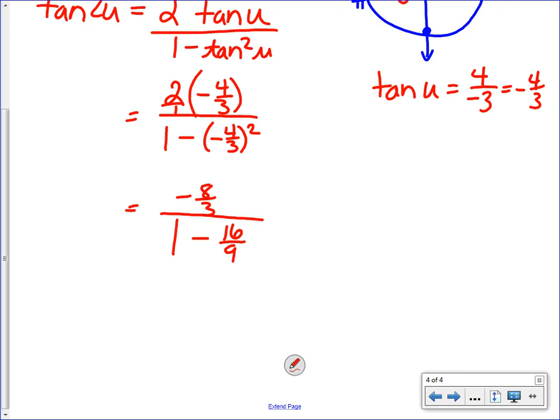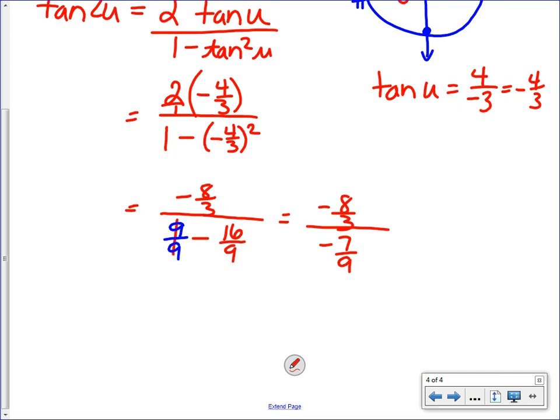Okay, so in the denominator, we are subtracting fractions. So we're going to convert that 1 to 9 over 9, because we need a common denominator. And this will become -8/3 divided by 9 minus 16 is -7 over your common denominator.